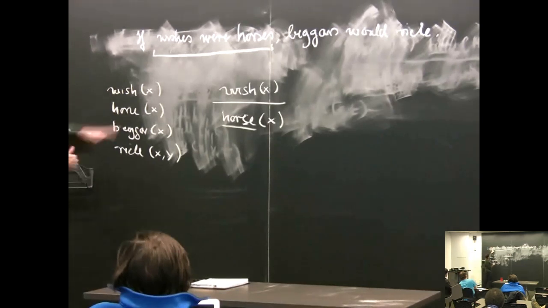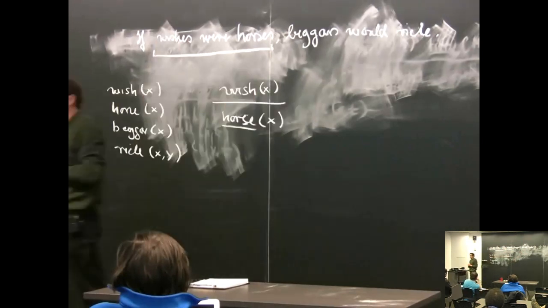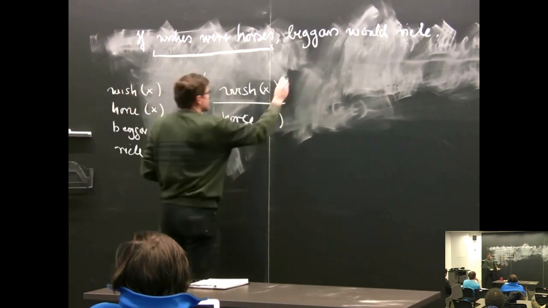How do we say beggars would ride? How do we say if, then that? Well, we want to somehow say, if we have that rule, then, so if we have this thing, let's package it up, like a rule.